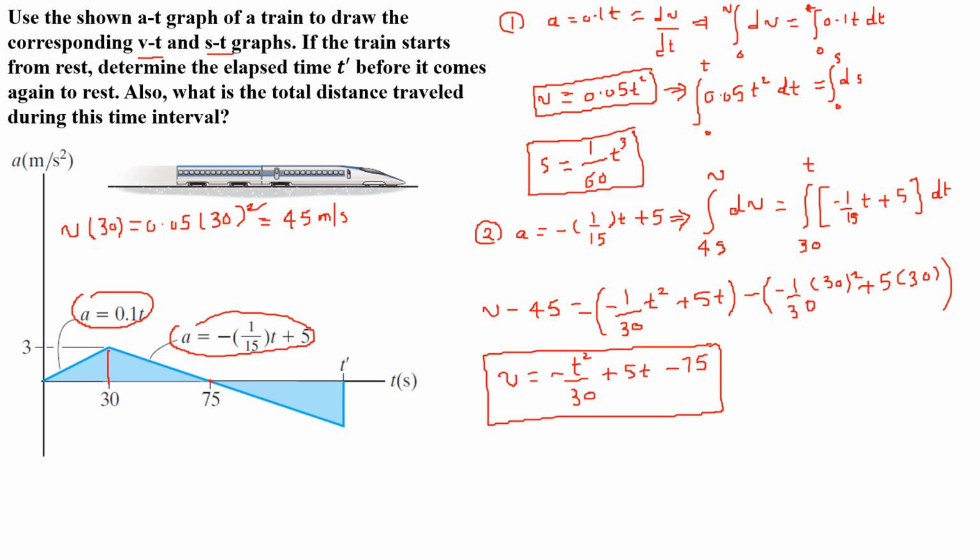I can also find the s function now by integrating this. So this time I'm going to find ds equals this times dt, so equals minus t squared over 30 plus 5t minus 75 dt.